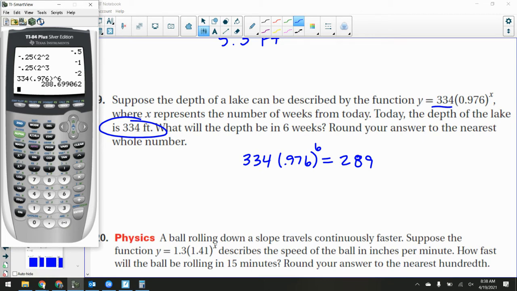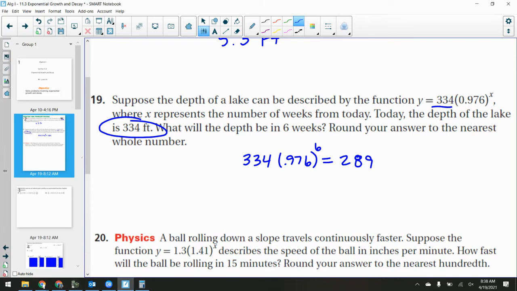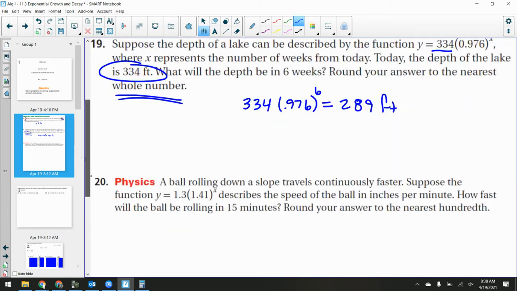Yeah, 289. Or just round it to the nearest whole number. That's why 289. 289 feet. So that's telling me that within those 6 weeks, that's how much it's going down by. Starting at 334, it's going down to 289 in 6 weeks.